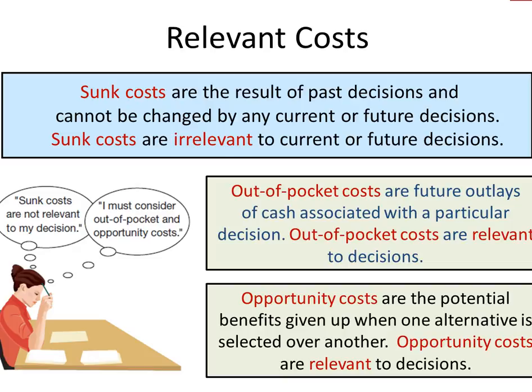Those pleasures of doing something else are your opportunity cost. And obviously you feel that your investment in time and effort is better spent studying this material. So that's what opportunity costs are: what did I give up by choosing this alternative?